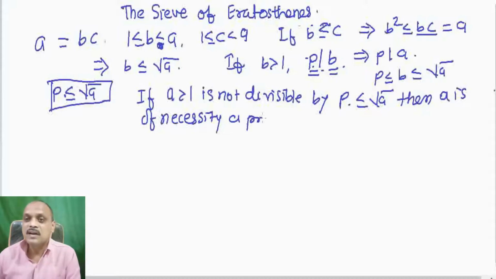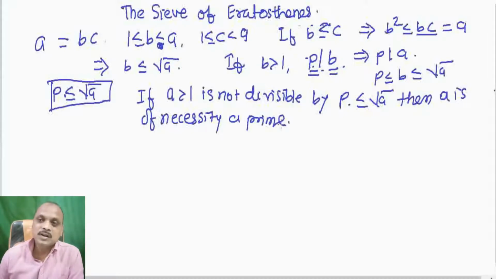So this is the fact about a number a: if a is not divisible by any prime p which is less than or equal to the square root of a, then a is of necessity a prime.